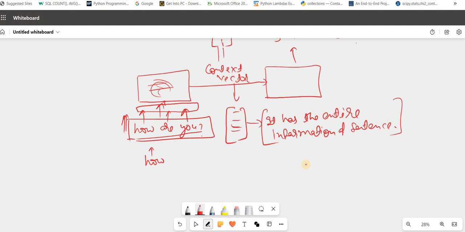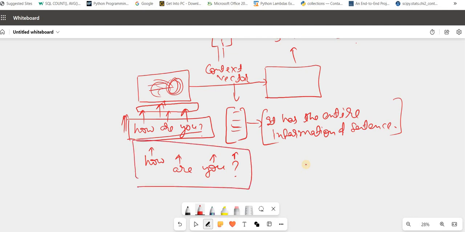Then the next word, "are", will go in, and again some mathematical operation will happen. Then the next word, "you", and then the question mark. After doing all these mathematical operations for these four words, it will give you one vector as output, and that vector is called the context vector.